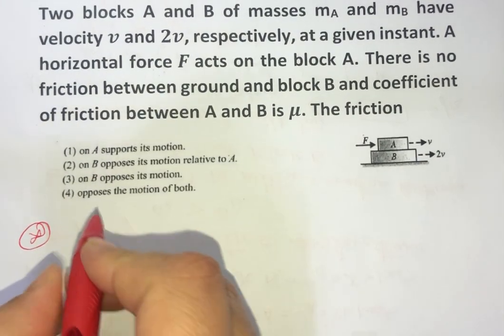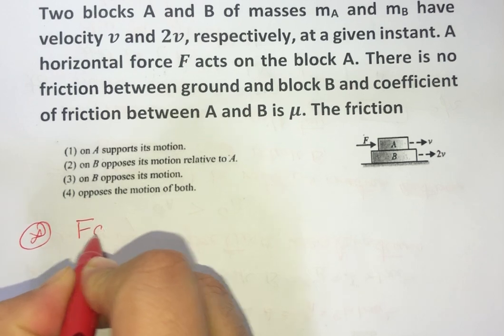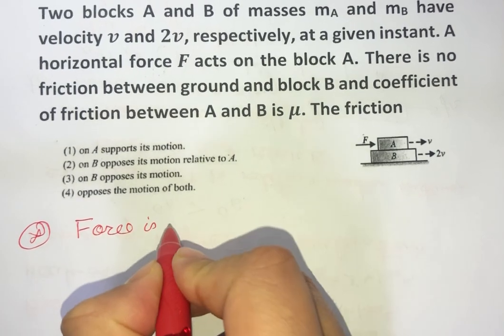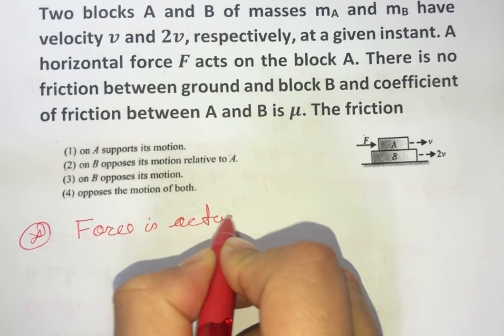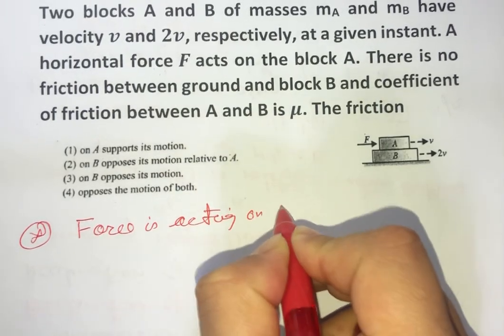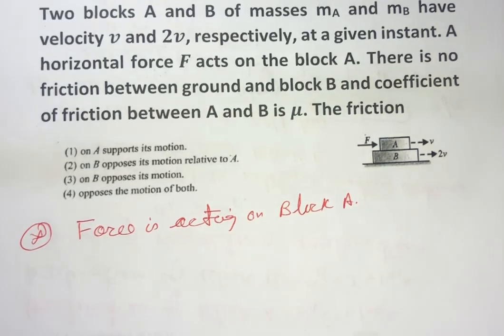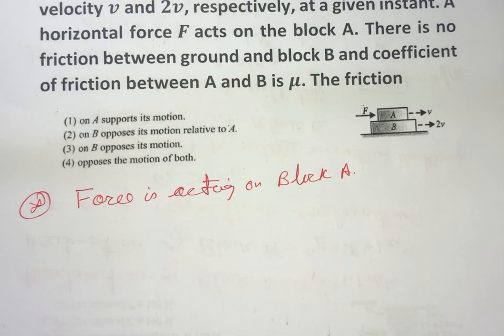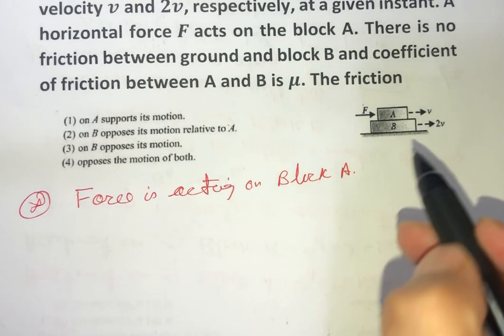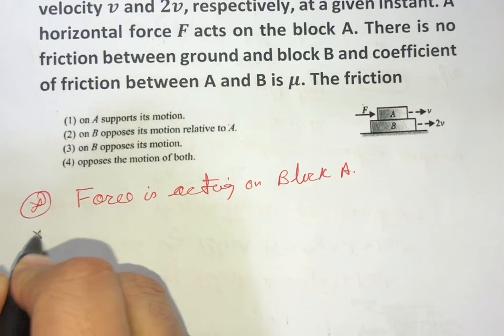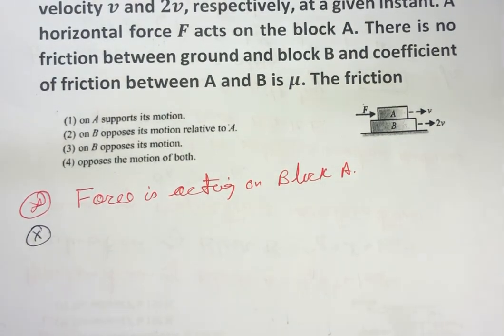First is that force F is acting on block A. Second is, as they have different velocities, there will be relative motion between A and B.